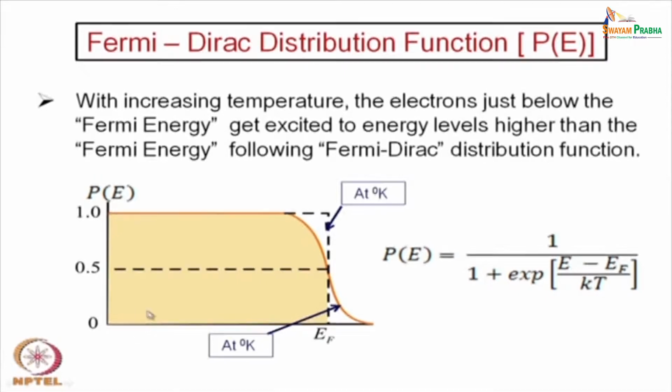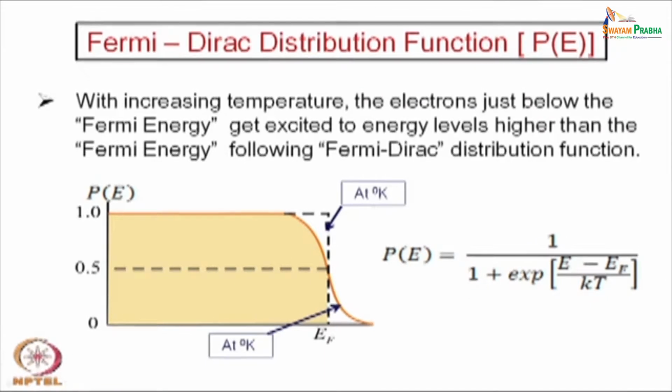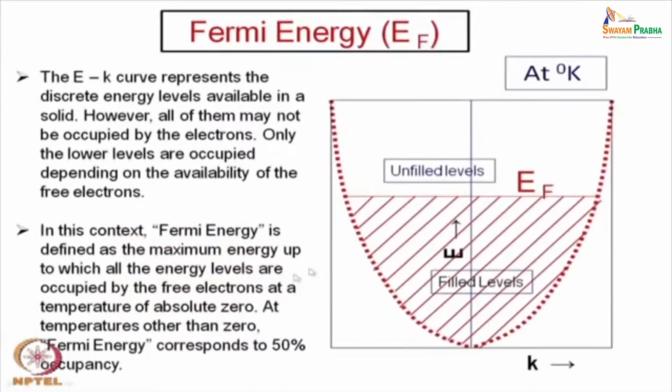So, these energy levels up to here are fully occupied, and the distribution function can be expressed in this manner: P equals 1 over 1 plus exponential of (E minus E_f) by kT. Once again, k is the Boltzmann constant and T the absolute temperature, E the actual energy under consideration, and E_f is the Fermi energy, which we have seen earlier as this energy.